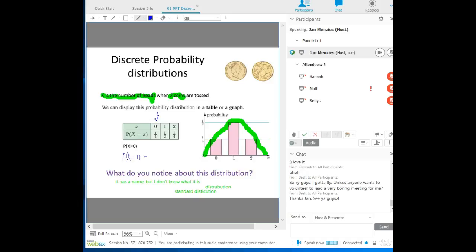Can you please connect the table of outcomes and their probabilities with the probability distribution? So it's called a column graph. Is there anything you notice about the distribution?